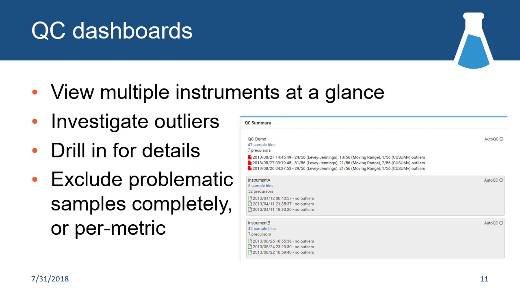And then what we found is that as groups set that up and started acquiring lots of data, we needed better ways to summarize it. So we created some of these dashboard views so that you can monitor individual instruments and see how they're doing, because if you've got a number of instruments in your lab or in your core, you probably don't want to have all that data commingled.